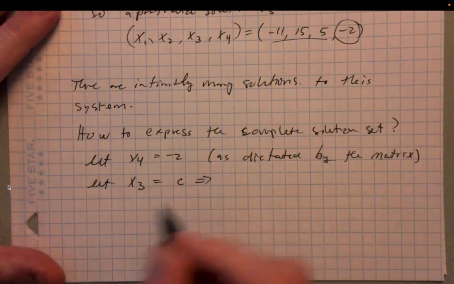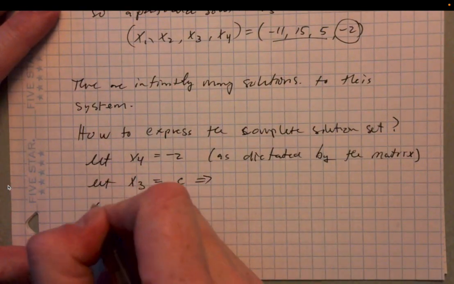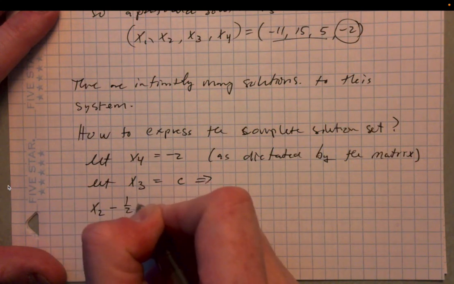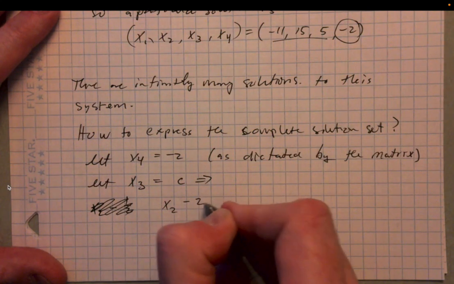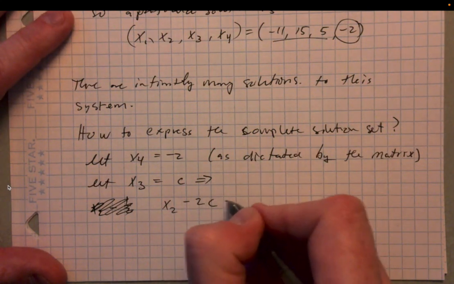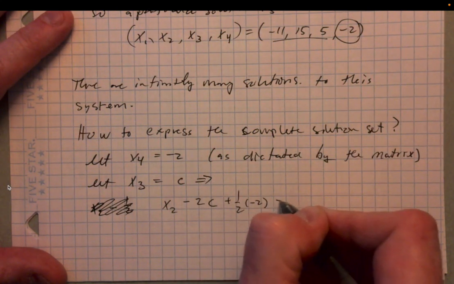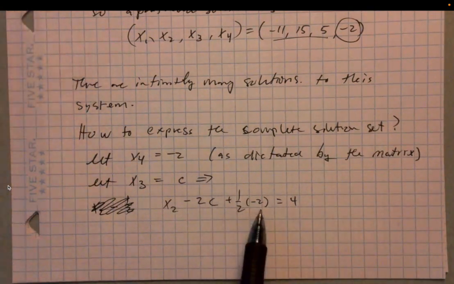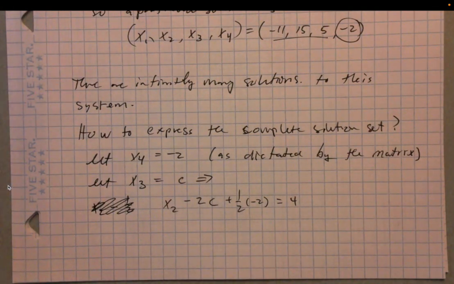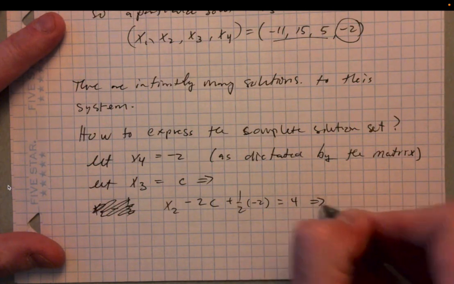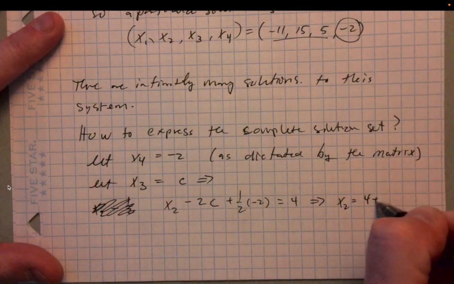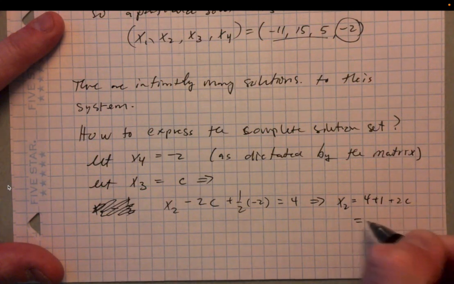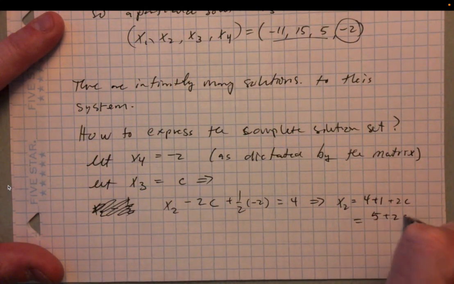Then x2 minus 2c plus 1/2 times -2 is equal to 4, just plugging -2 and c into equation number 2. That's going to imply that x2 is equal to 4 plus 1 plus 2c, which is 5 plus 2c.